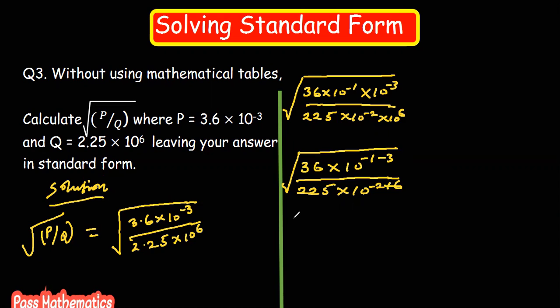So as I've said, we continue to write this square root sign. So we should have 36 times 10 raised to the power of minus 4 divided by 225 times 10 raised to the power of, what are we going to have here? We should have 4.